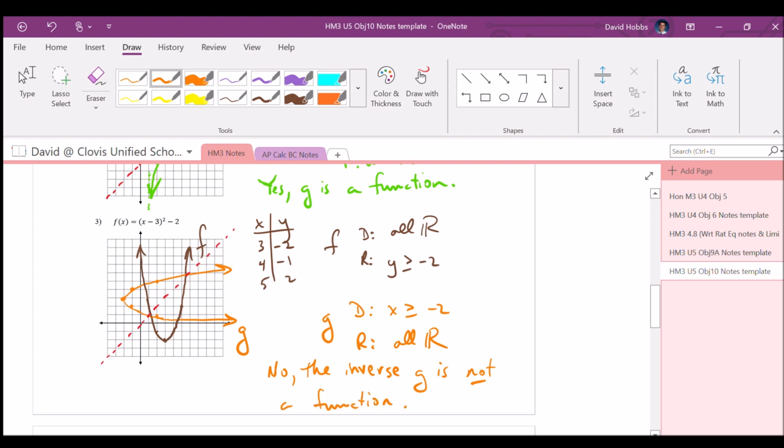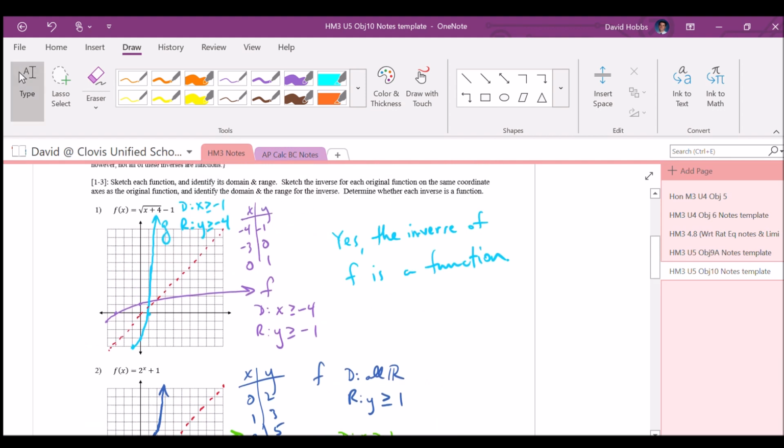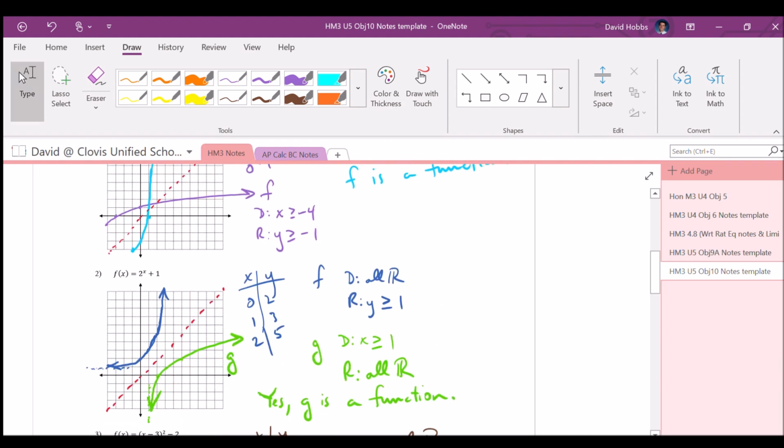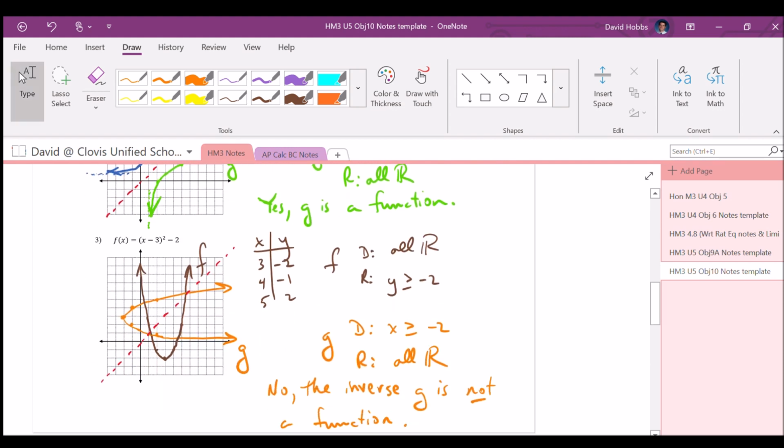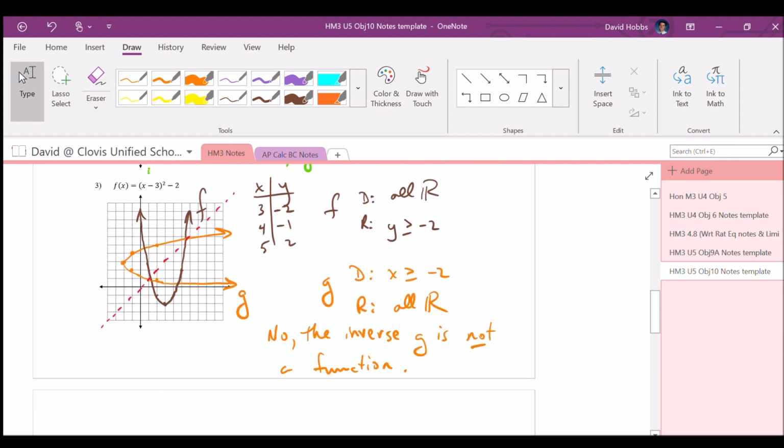Okay. So I wonder why that is. Why was the inverse a function the first two times, and why is the inverse not a function this time? I wonder if that's predictable. I would imagine, yes, that it's very predictable.